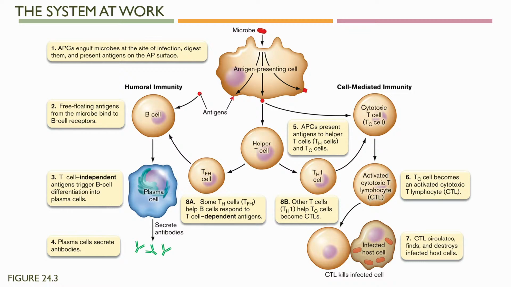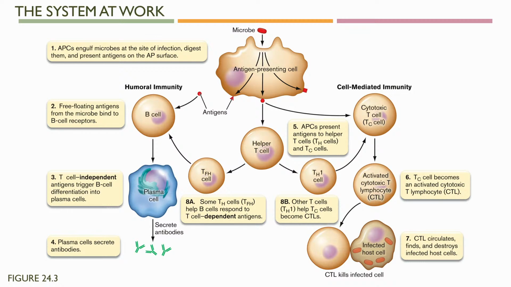You can also have, independent of any B cells, the antigen presenting cell, so this macrophage, presenting the antigen to a cytotoxic T cell. So now we're entering just cell-mediated immunity.